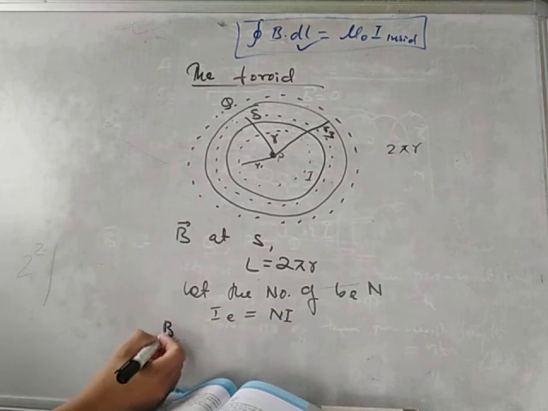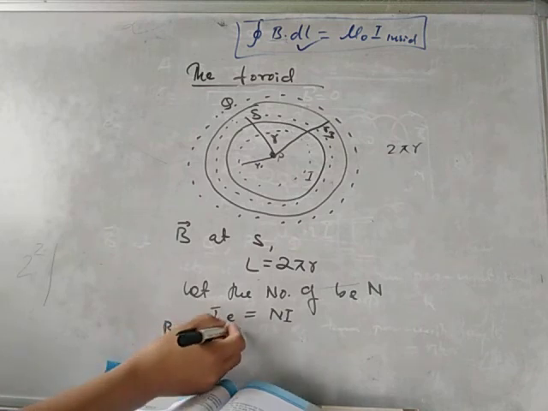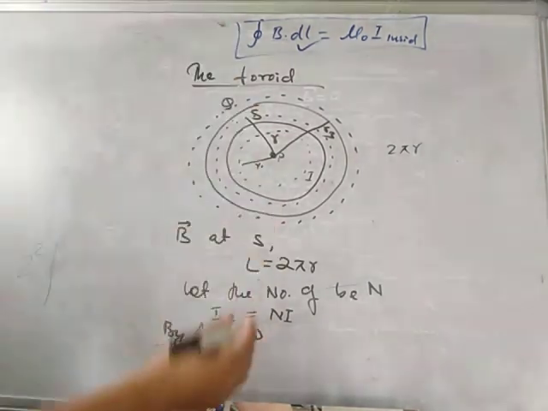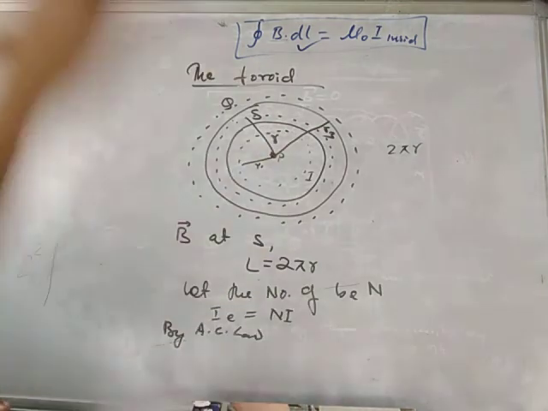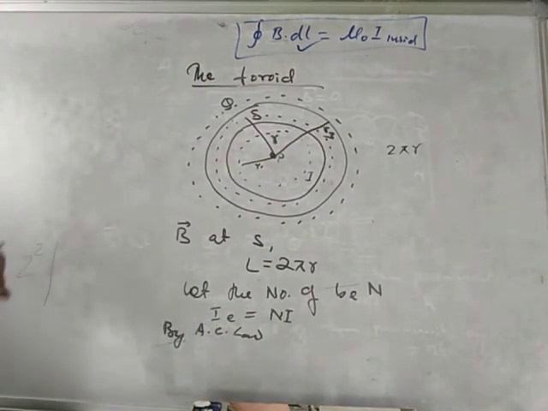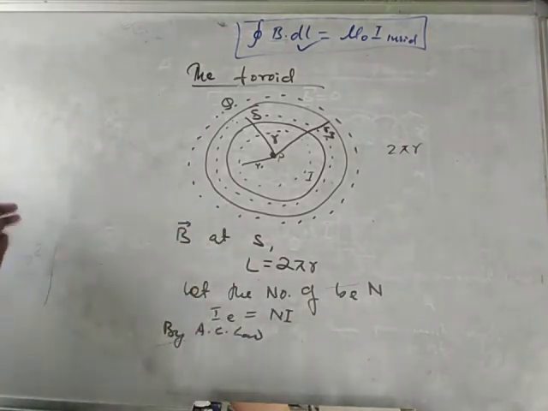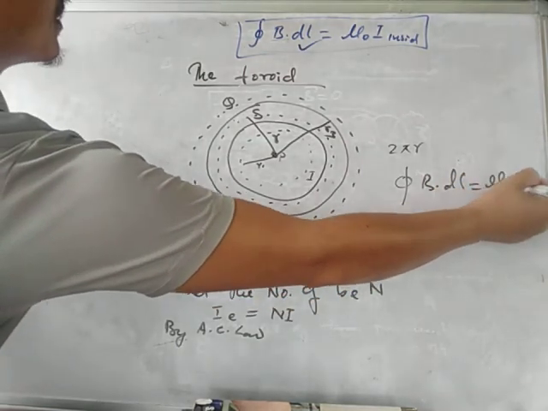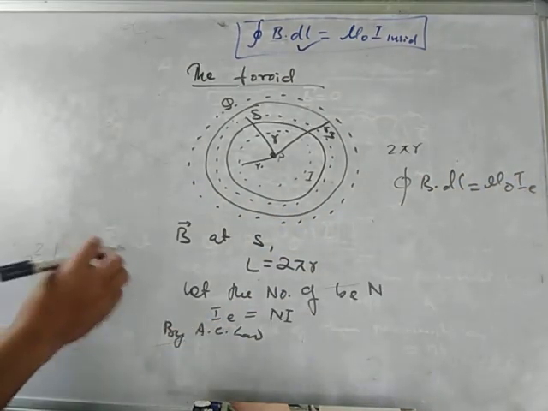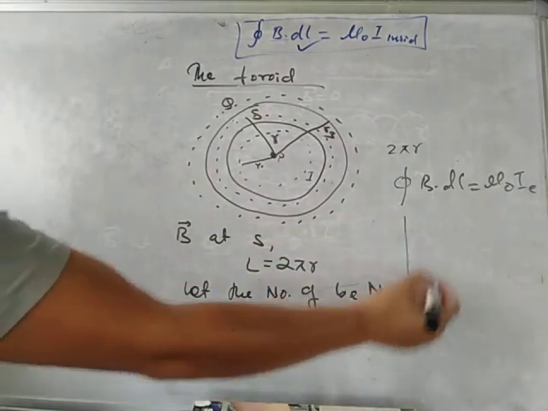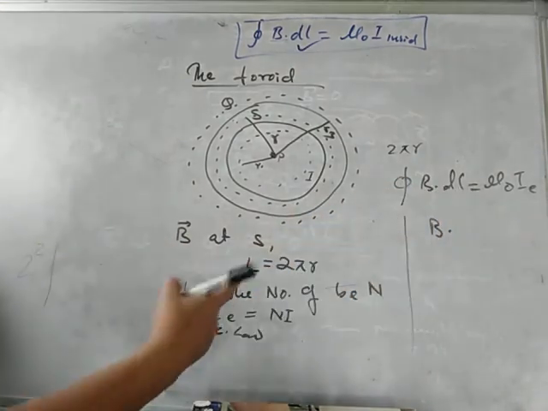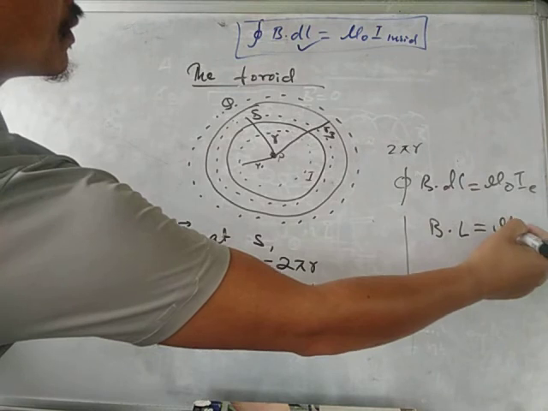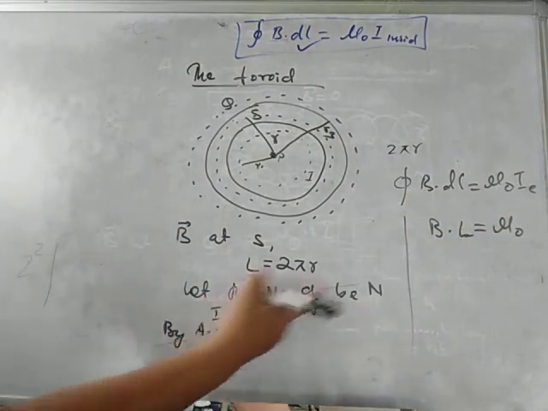So therefore by Ampere's circuital law, see, the line integral of B dot dl equals mu naught times the current enclosed, right? So B times the line integral, L, equals mu naught I enclosed, here N i, isn't it?